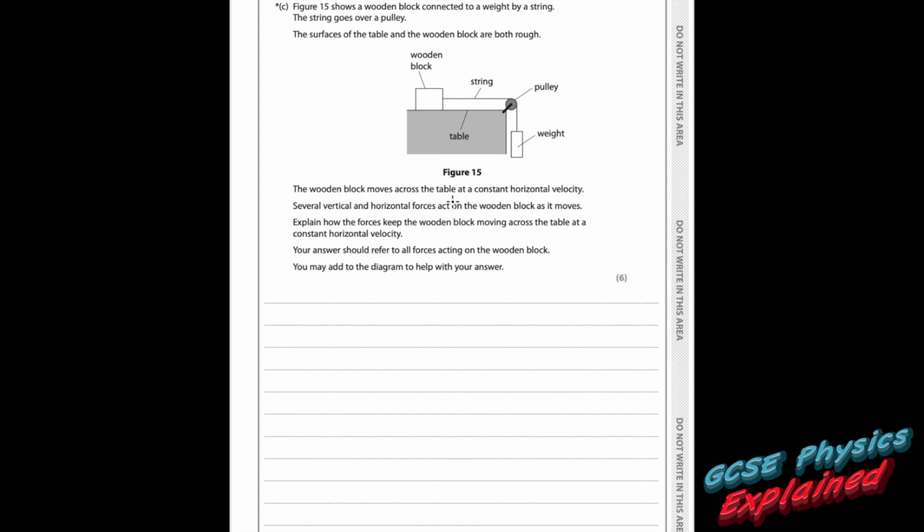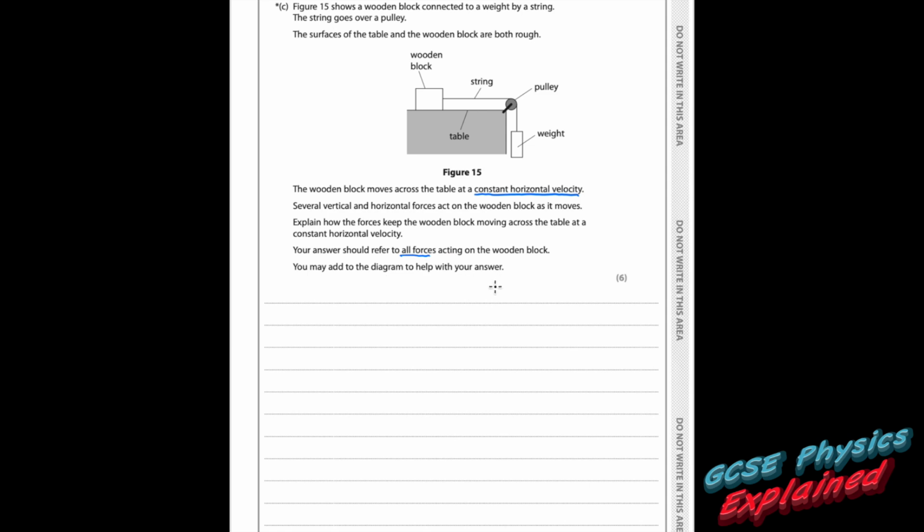The wooden block moves across the table at a constant horizontal velocity. Several vertical and horizontal forces act on the wooden block as it moves. Explain how the forces keep the wooden block moving across the table at a constant horizontal velocity. Your answer should refer to all forces acting on the wooden block. You may add to the diagram to help with your answer.